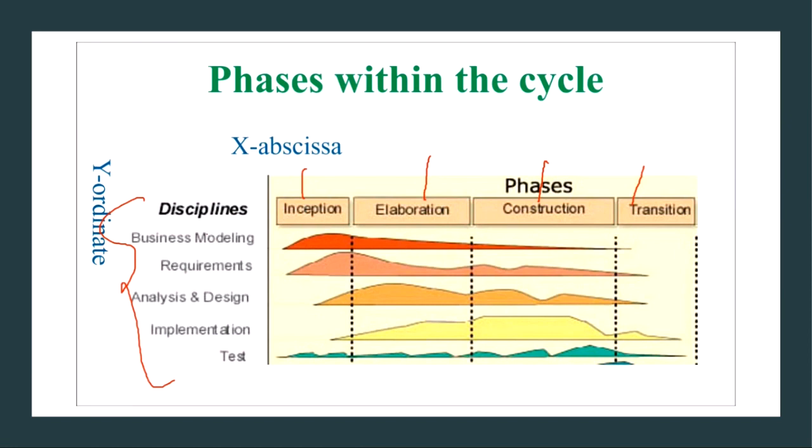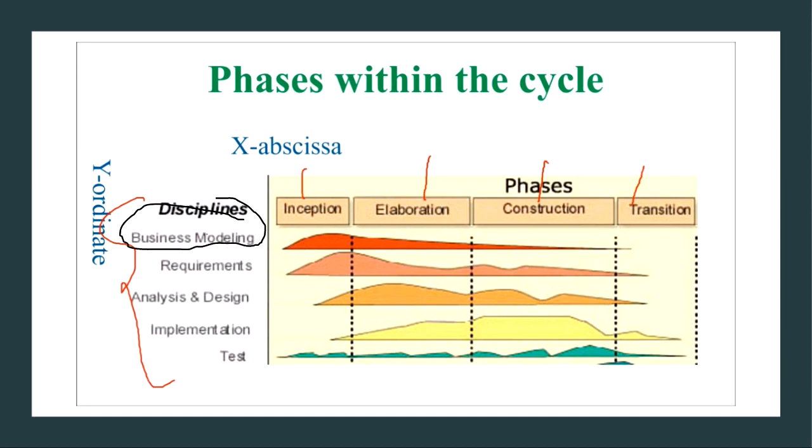In inception you are communicating and the analysis part is also done. In elaboration, analysis and design are done. In construction, final coding is done. In transition, after coding, the deployment part is done. Now there are some requirements here, for example this business modeling.